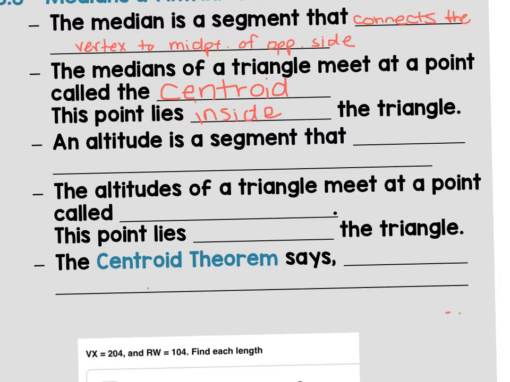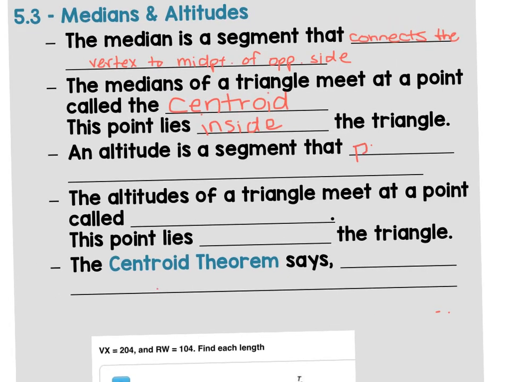Perpendicular from the vertex to the line containing the opposite side. So the altitude goes vertex to the opposite side. It has to be perpendicular with the opposite side. The altitude is the only one that sometimes you have to extend the line out to even connect it to make it perpendicular.